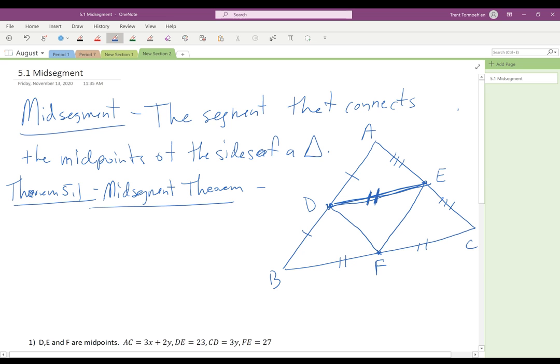And that is also true because it turns out that DE is exactly half the length of BC. So the Mid-Segment Theorem says that the mid-segment of a triangle is parallel to the third side, and half its length.